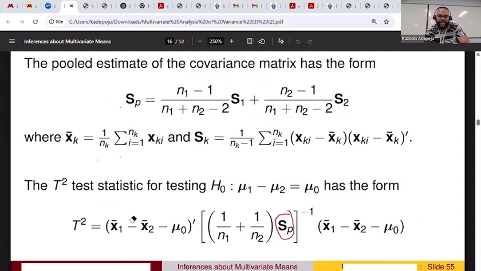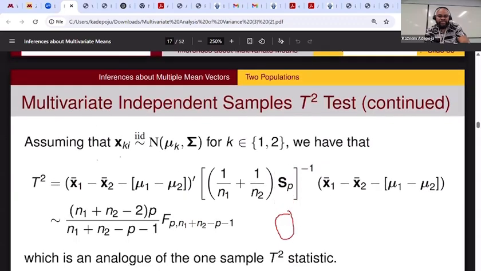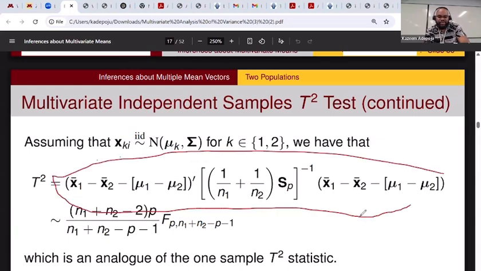Now, after that, the next thing we want to talk about is under what condition are we going to reject the null hypothesis. Then we're going to compare the test statistic, this guy, with this guy.